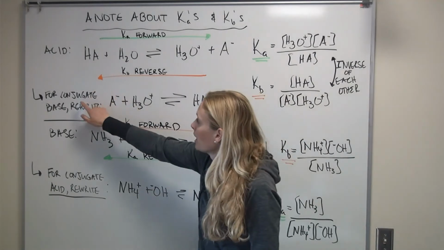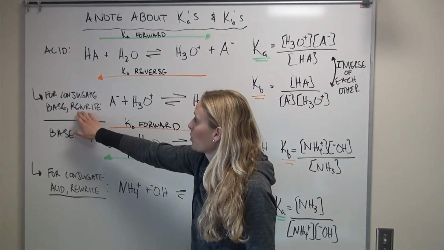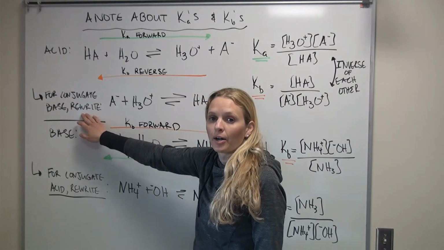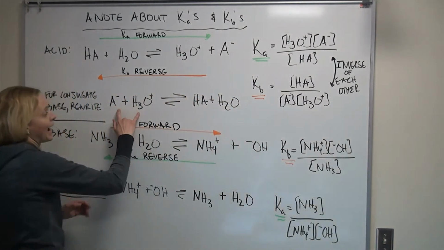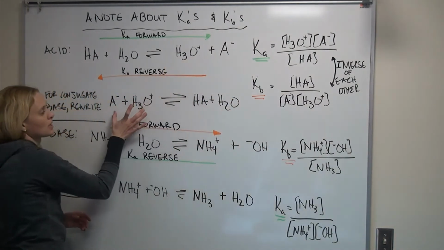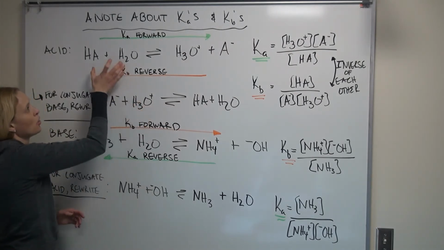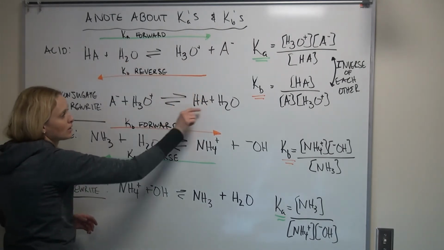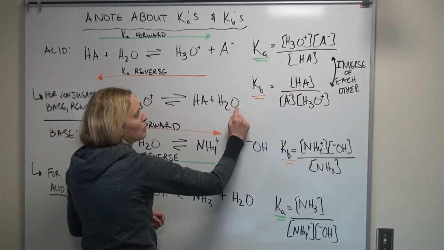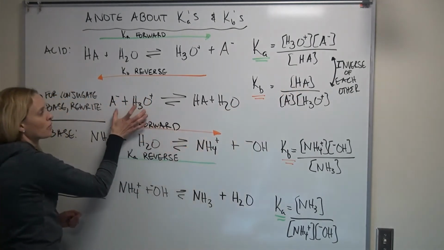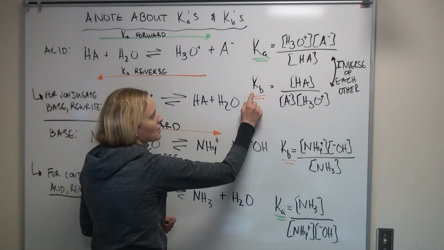So what we like to do, just to be careful, is to go ahead and rewrite the conjugate base as a reactant. So we can just move these terms here as reactants over products and then write the Kb. So that would be concentration of products, and again, we're omitting the water, it doesn't appear, over concentration of reactants here, and that's the Kb.